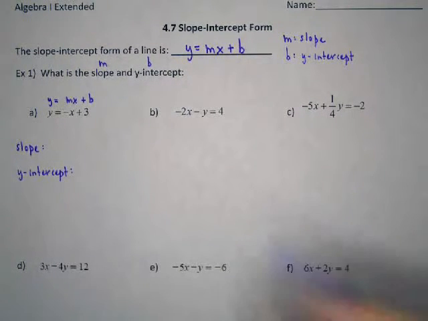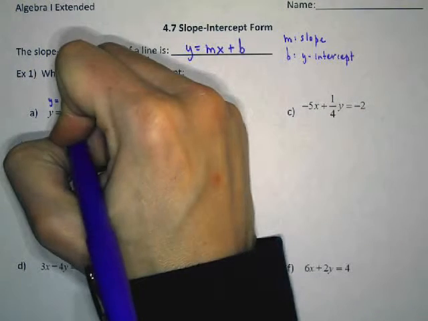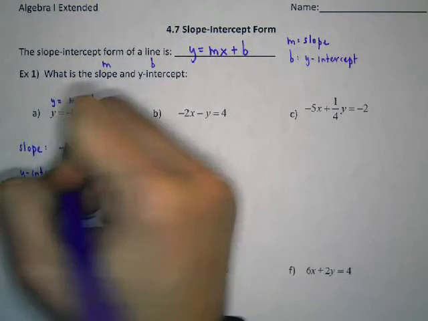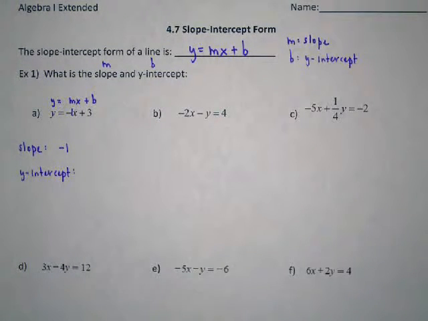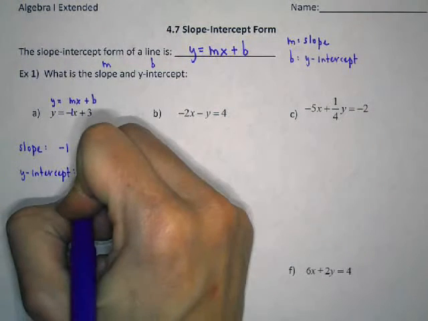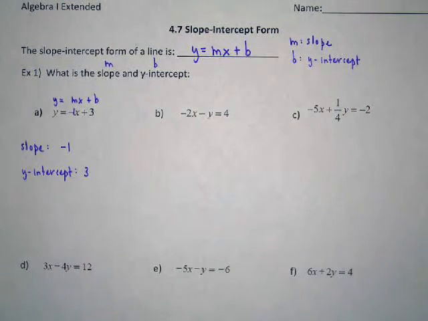And so in this case, what we have to remember is there's really a 1 in front of here, even though we don't usually write it. So my slope, my m value, is going to be a -1. And then the constant there is my +3, so my y-intercept is just 3. So that's a nice straightforward example where it's already in slope-intercept form.